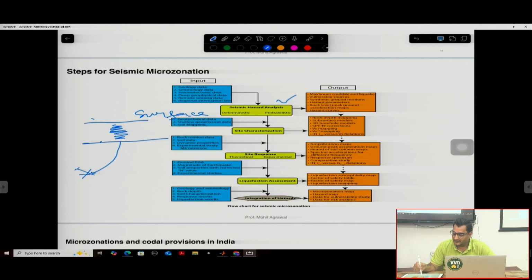And thereafter, you have the characterization of the soil, using which you can find out the shear modulus or the shear wave velocity, which can be further used to find out the transfer function of the soils, which will help you to find out how much energy is being transferred to the surface. And then you can do liquefaction assessment, and then finally you can do the integration of the hazard.